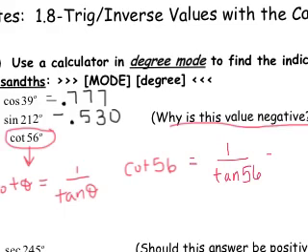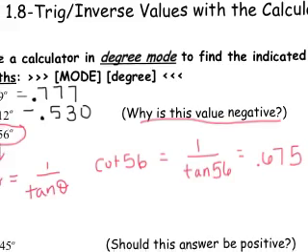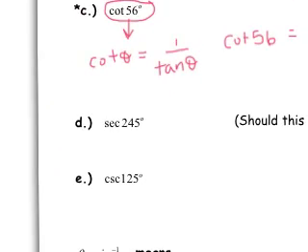All right, so we're all on our calculator right now. Type in 1 divided by tangent 56, close that parenthesis. We should get 0.675, rounded correctly, is 0.675. All right, let's keep going. Secant of 245.